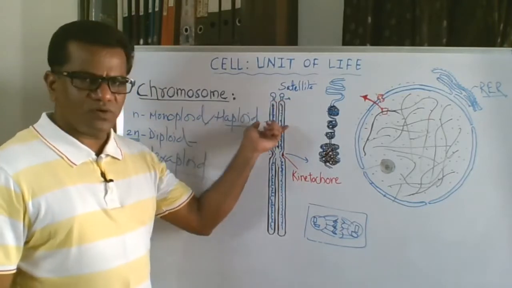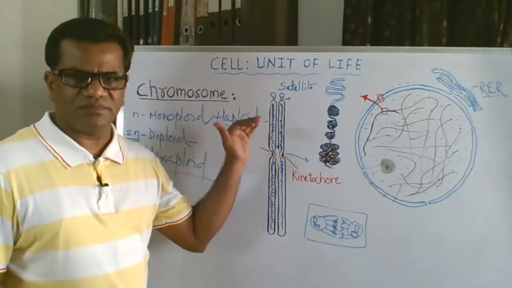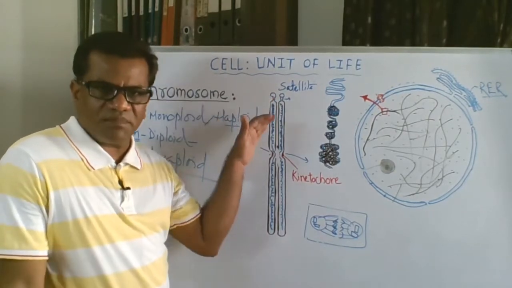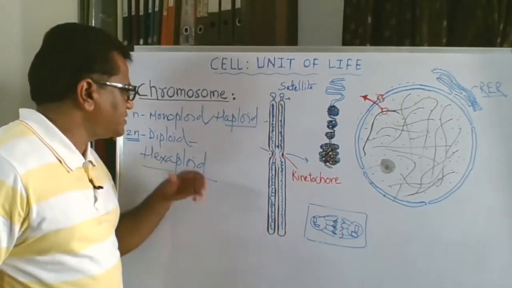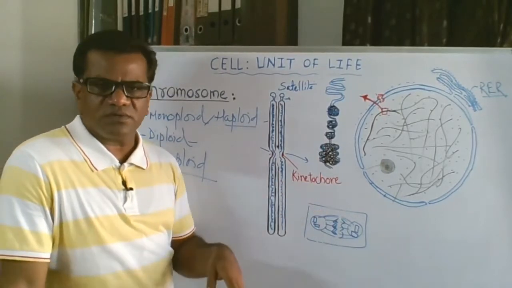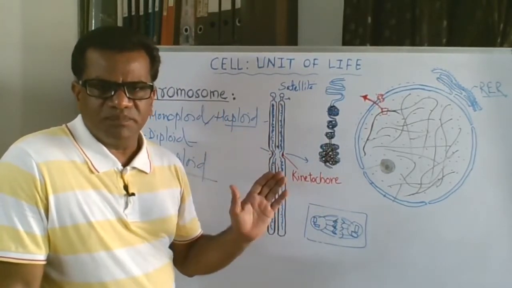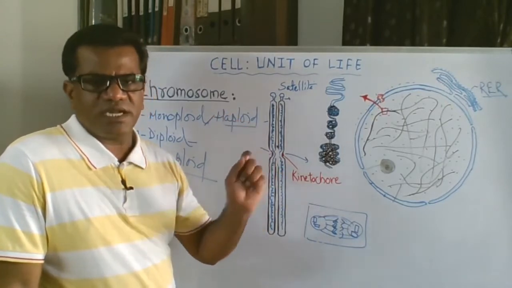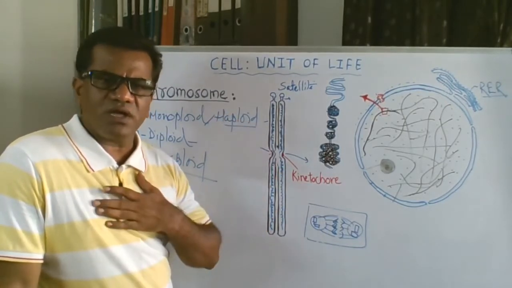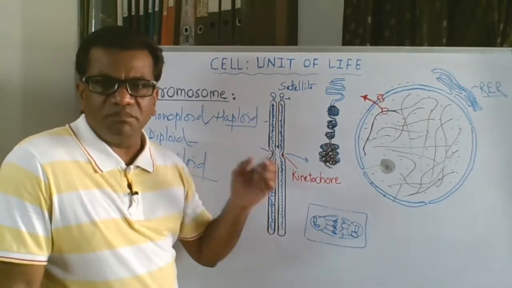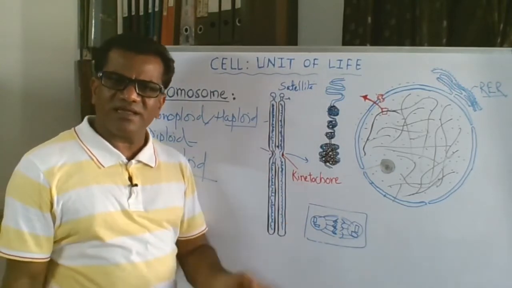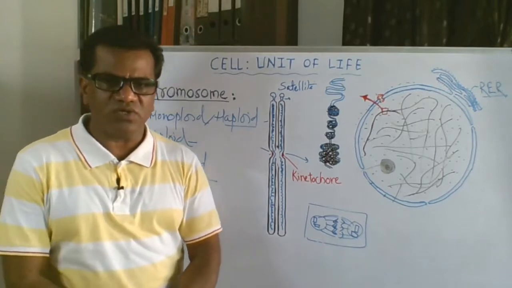Because the chromosome has genes. Each chromosome has particular genes. The genes present on the first chromosome are not present on the second. Each and every character of an organism is controlled by genes, and milking is also a character controlled by genes.